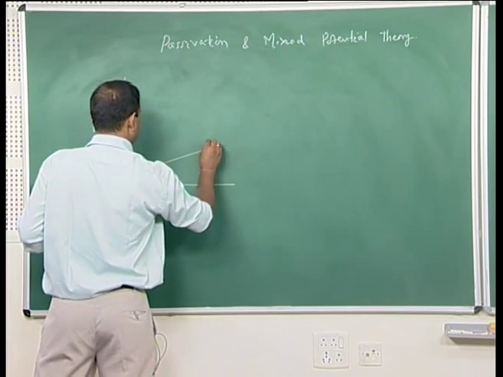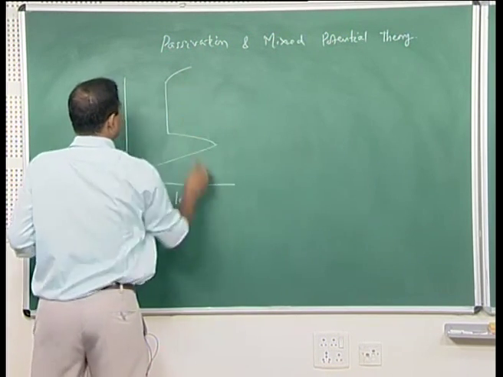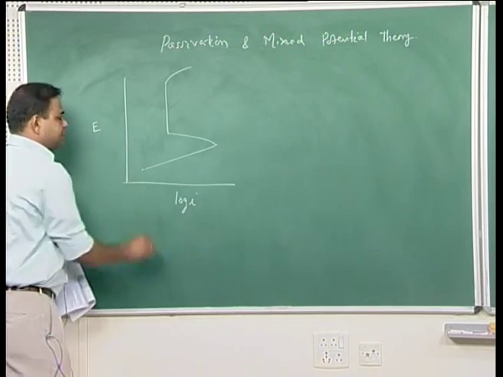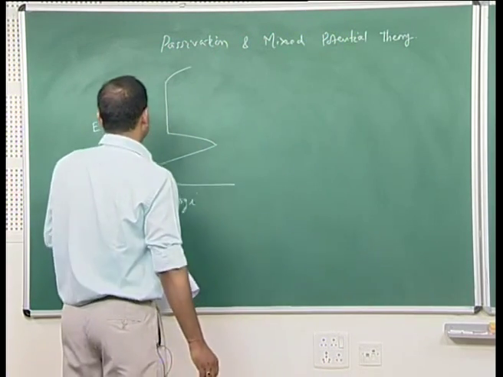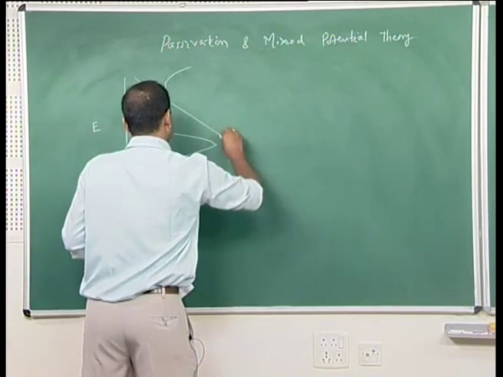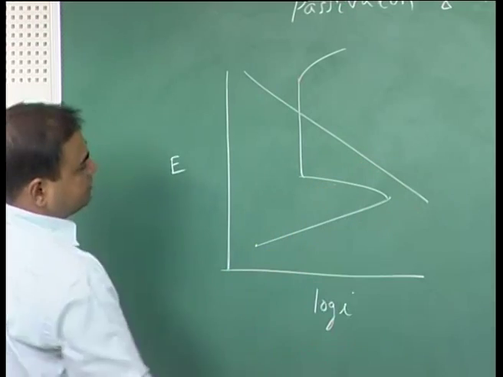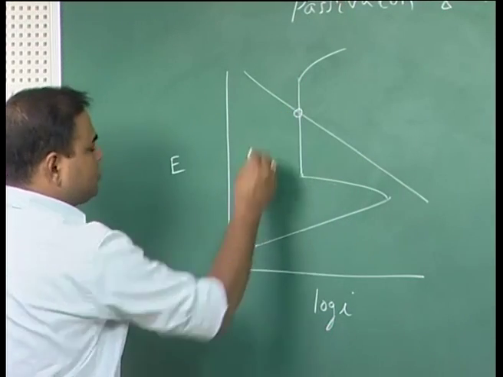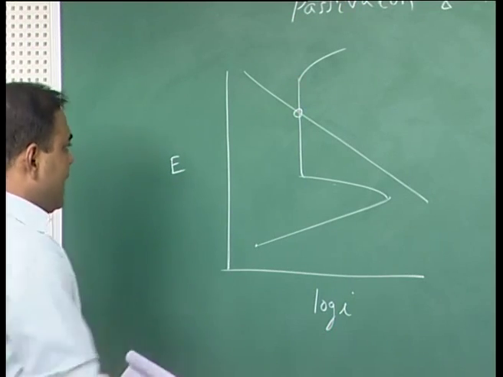So, we have already seen this example that if you have a passive metal like this, where you have started with a freshly prepared surface in an electrolyte, and then in case your cathodic reaction or cathodic polarization is going along this line where it cuts only this portion, then it would attain complete passivity.